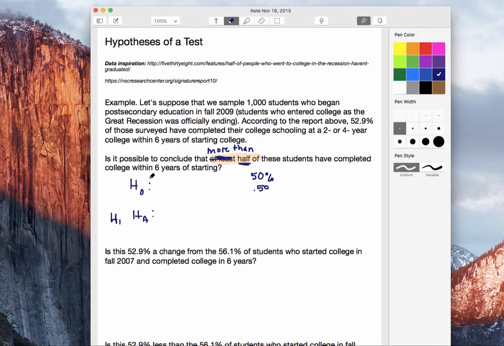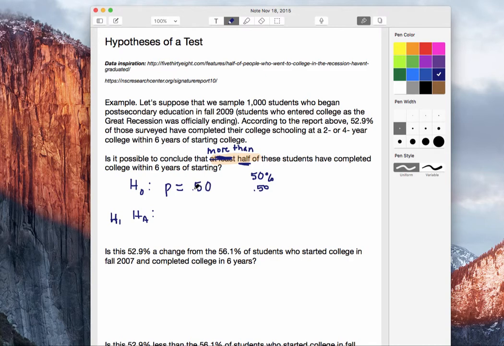It's the other stuff. So with our proportions, the 50%, we need to use the proper parameter in our hypothesis test. You always start off your hypothesis test with hypotheses because that is your number. Like, what do you have to compare your 52.9% against? You have to tell us. We're starting with 50%.